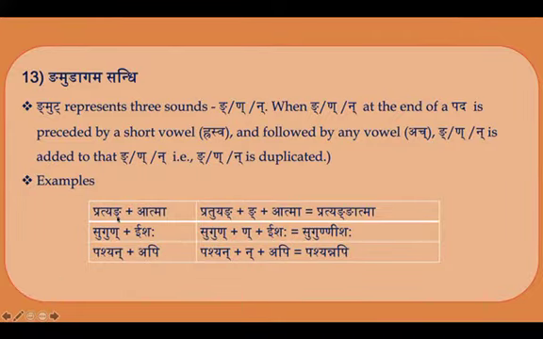For example, pratyang plus atma. Pratyang has one of the namut sounds at the end, followed by an ach, atma. So when we add these two, this nakara gets duplicated. It becomes pratyangatma. Pratyangatma. That's how we have to pronounce it.